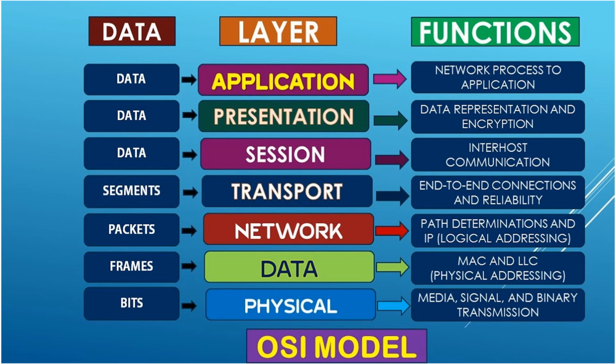So dekat transport layer ni dia akan do error checking. Bila dia do some error checking at the transport layer, data awak tu tadi akan dibungkus menggunakan proses encapsulation, dan data ni bila dah bungkus dalam transport layer dia akan menjadi segment. Dia bukan lagi nama data dah, dia menjadi segment.